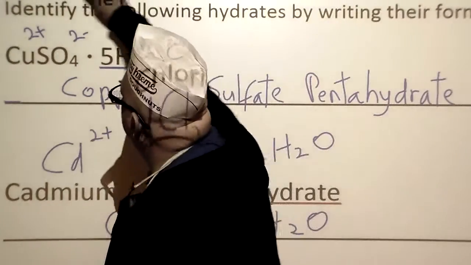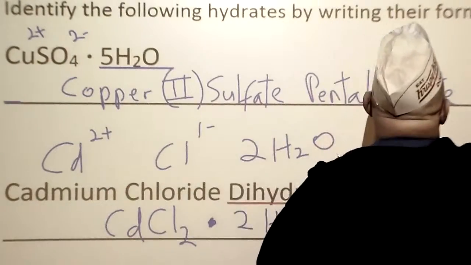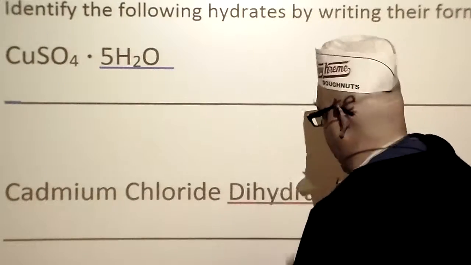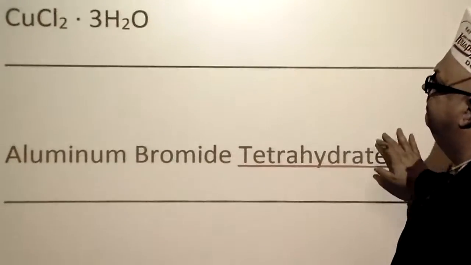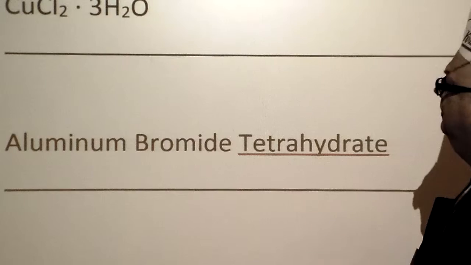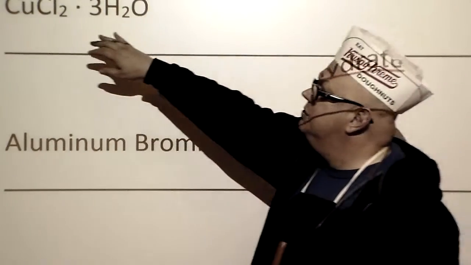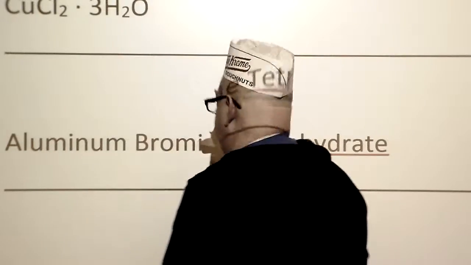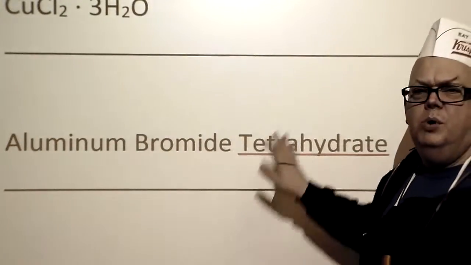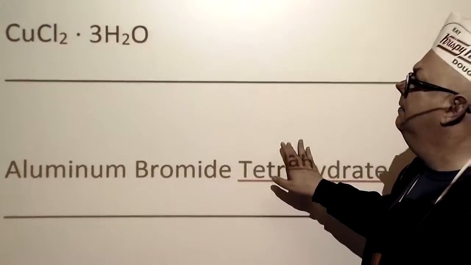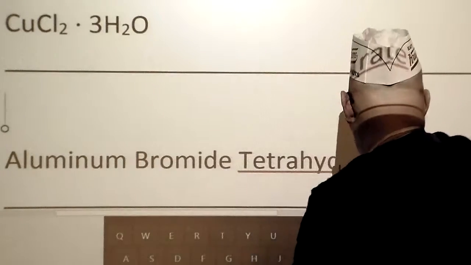So I've got a couple of examples. Let me see if I can work a couple more. All right, let's take a look at this one here. CuCl2.3H2O. Let's see what we got here. All right, some things I know I got to work with here.